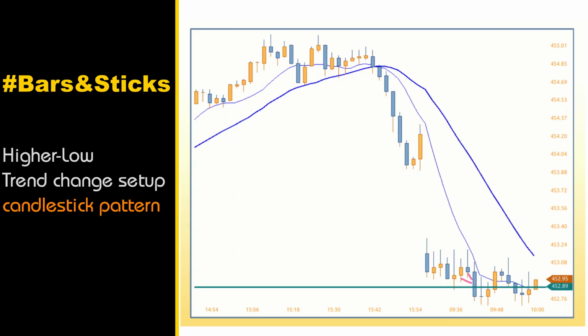This was pretty powerful, but it failed to move lower. And here comes this move here. Notice this bar. This would be an important bar to watch. What will happen here? That's important to watch.